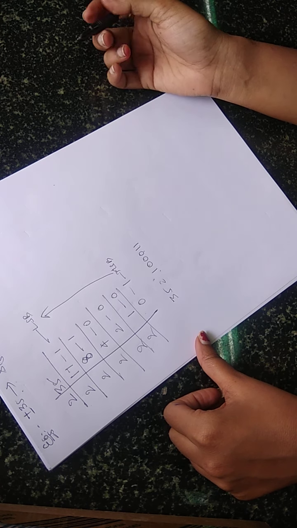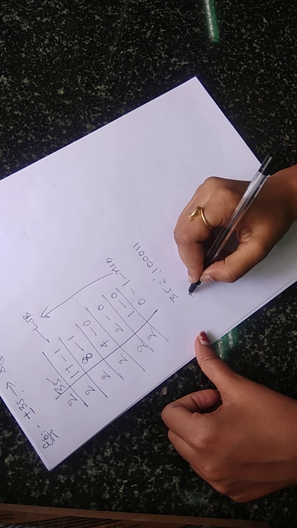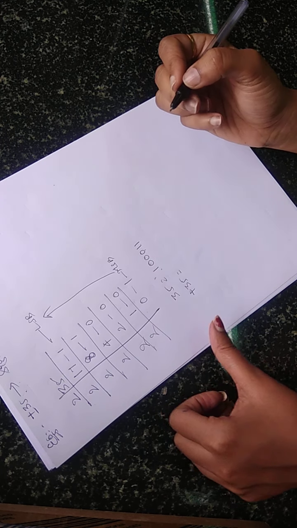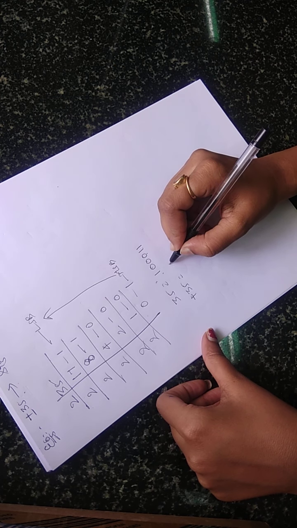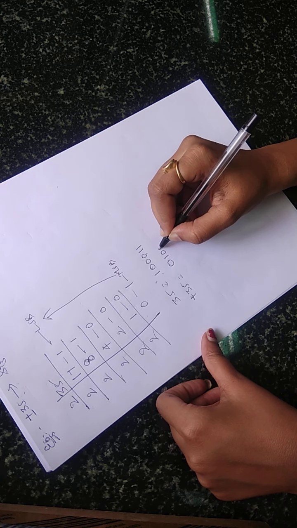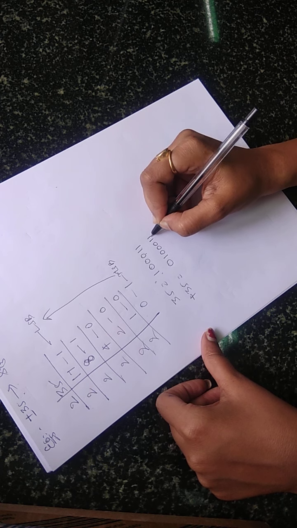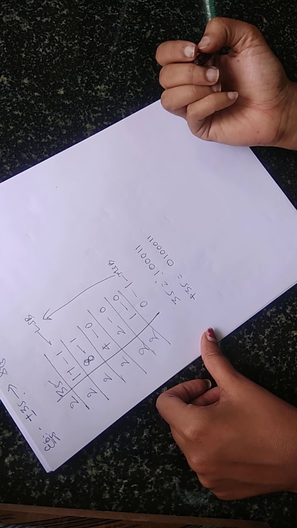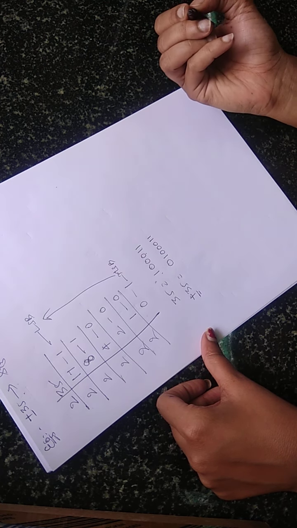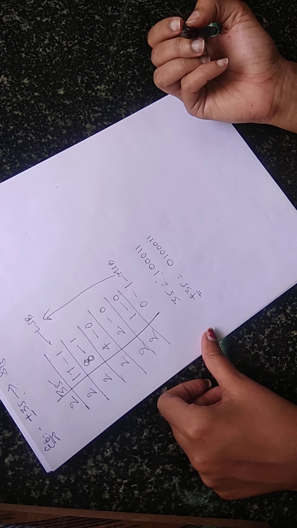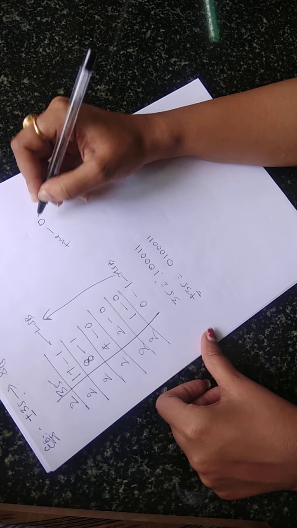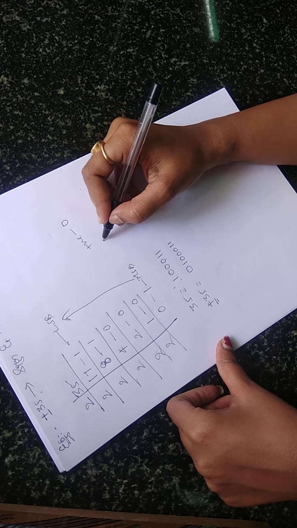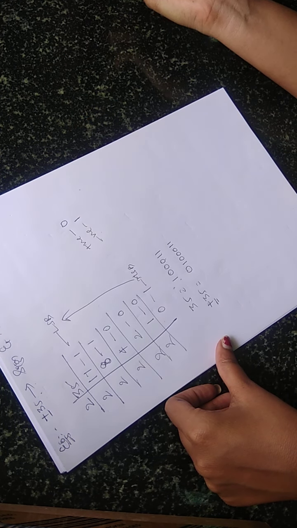Now plus 35. If you want to represent plus 35, we write 0 1 0 0 0 1 1. I added 0 because the sign is positive. If a given number is positive, you add the sign bit as 0, and if it is negative, you add the sign bit as 1.